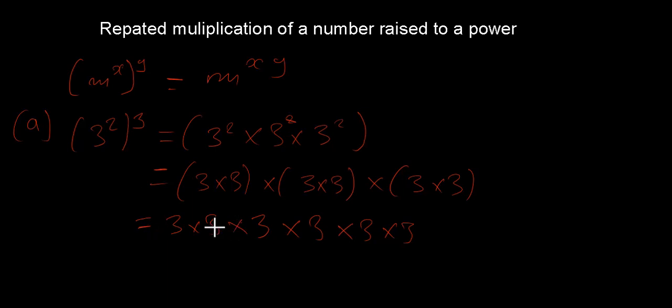So this is 3 times 3 times 3 times 3 times 3 times 3. So this is equals to what? This is equals to 3 to the power 6. Hence this is equals to 3 to the power 6.